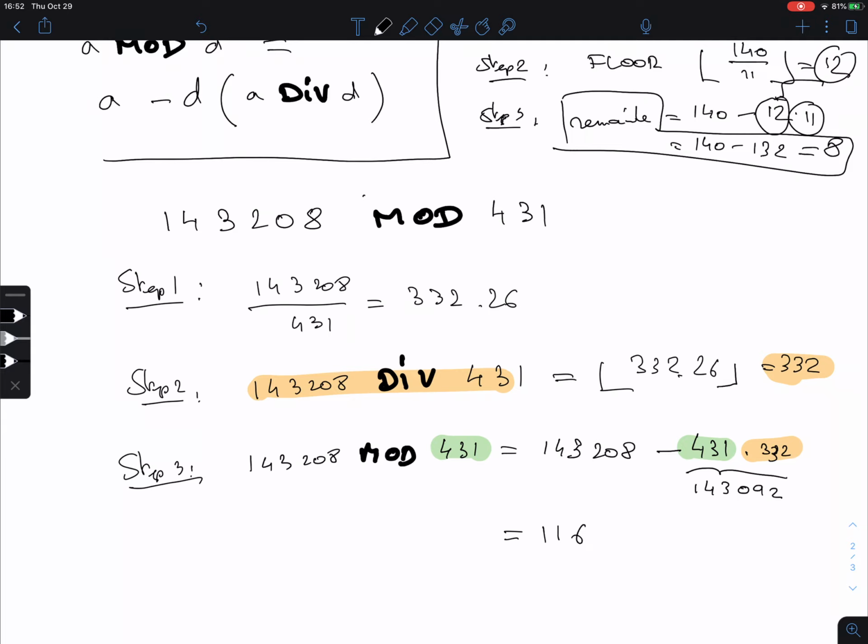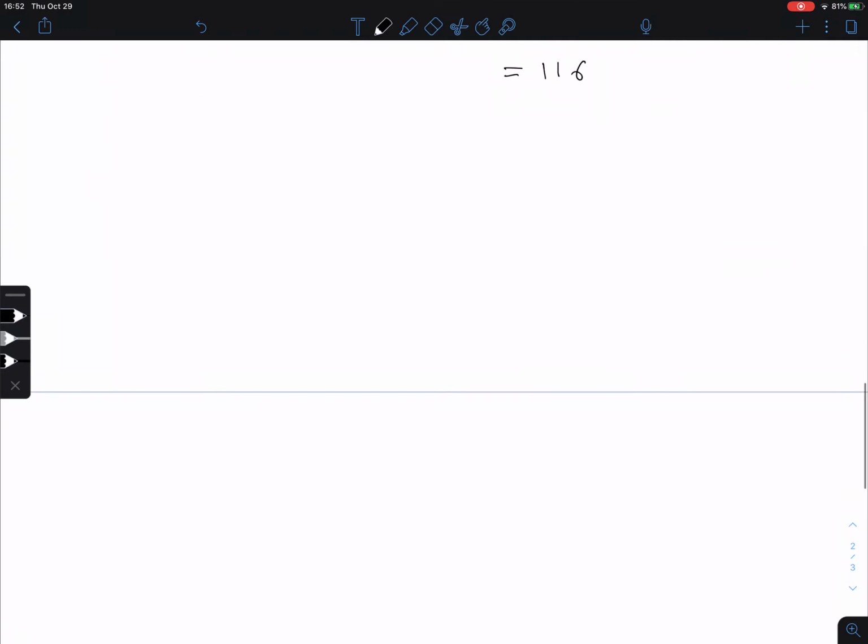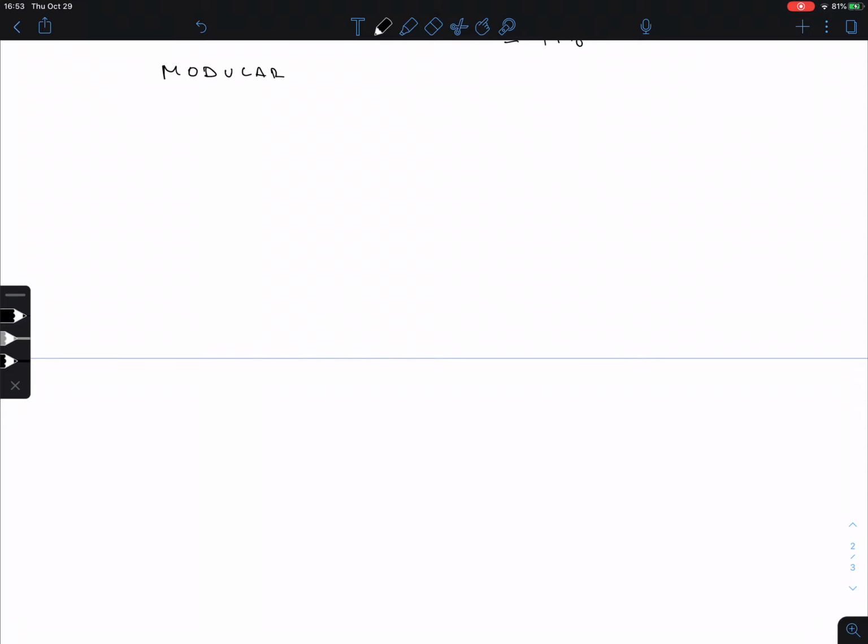So now we are ready to talk about modular arithmetic. And what is this? Well, we will add and multiply. We do basically the same operations. Division is going to be the tricky part, so let's wait with that.